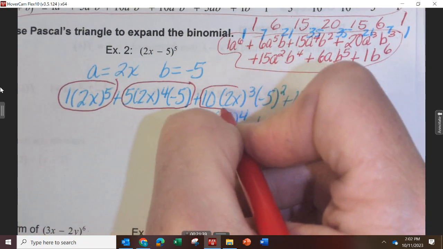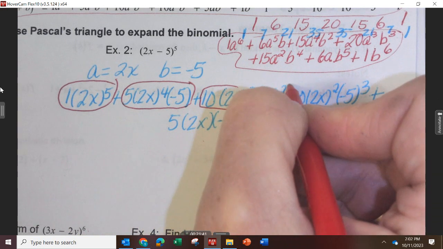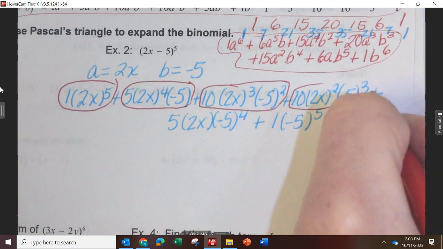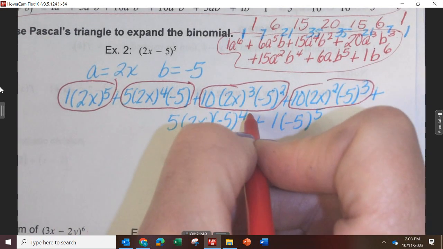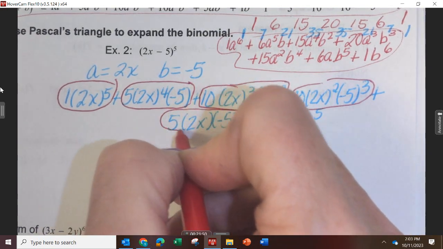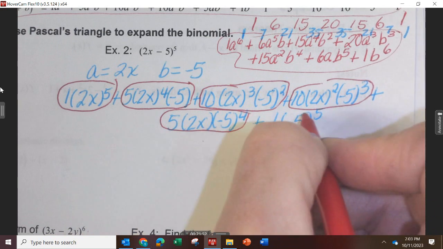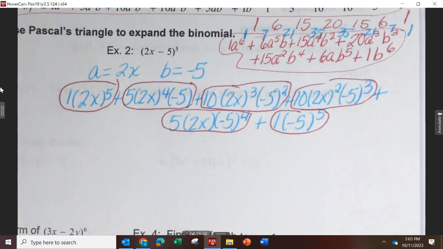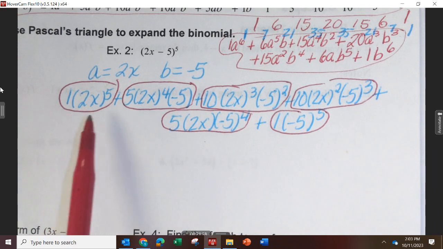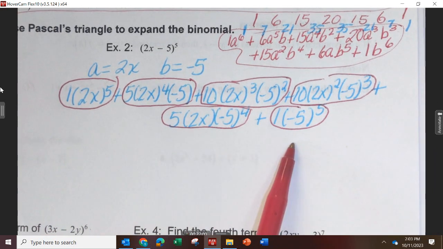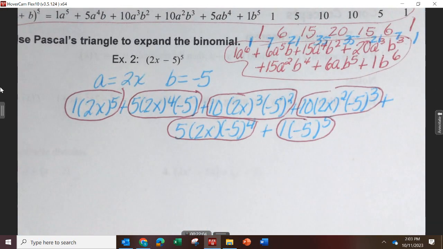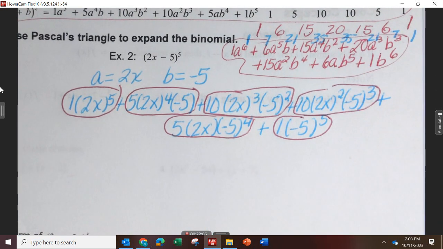If you find yourself making that mistake, you're going to want to circle each of the terms. If this is to the 5th power, how many terms do I end up getting? How many terms do I have circled? 6. Okay? Now we're ready to go.